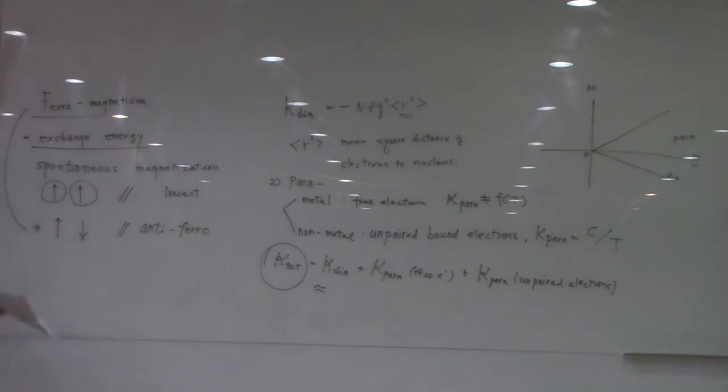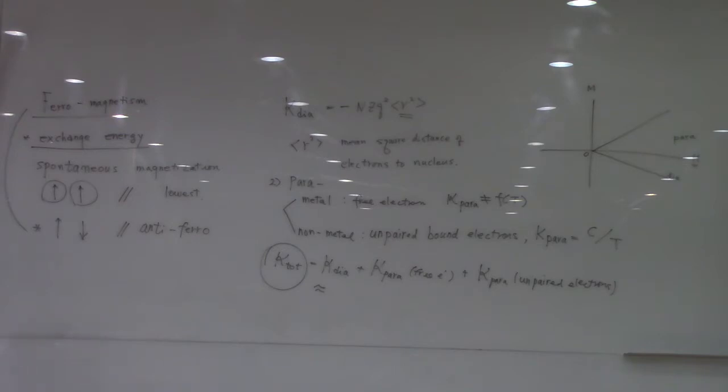We don't know why ferromagnetic materials have the lowest exchange energy when the nearest neighbor spins are aligned parallel, and anti-ferromagnetic materials have the lowest exchange energy when the nearest neighbor spins are anti-parallel. We don't know the reason for that.